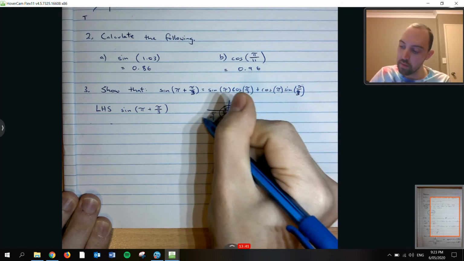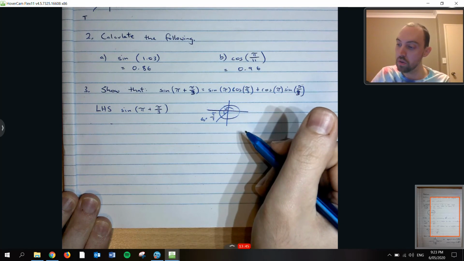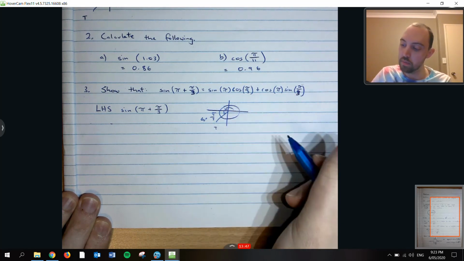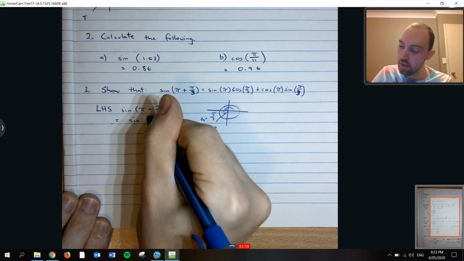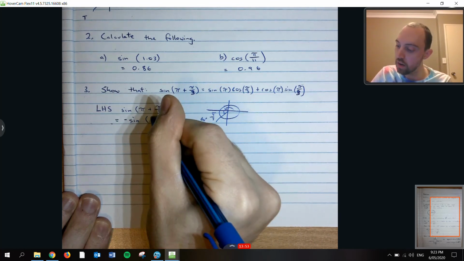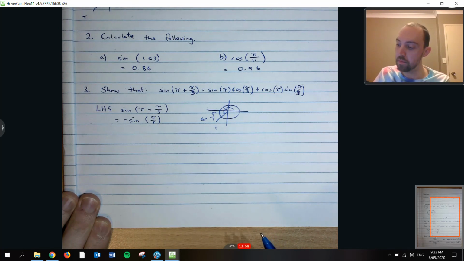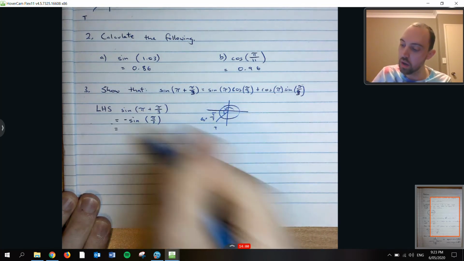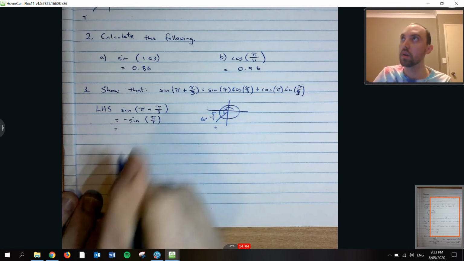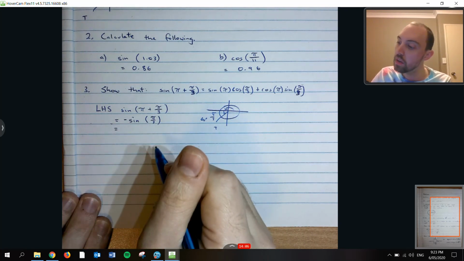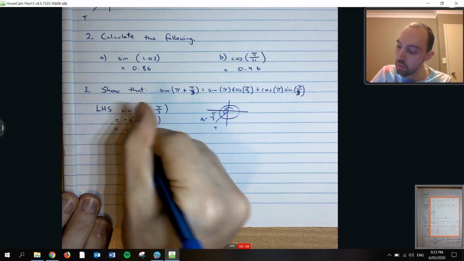This is the same as 60 degrees, so keeping that in mind, we're in the third quadrant where only tan is positive, so this is the same as negative sine of pi on 3, or as an exact value, which is negative root 3 on 2.